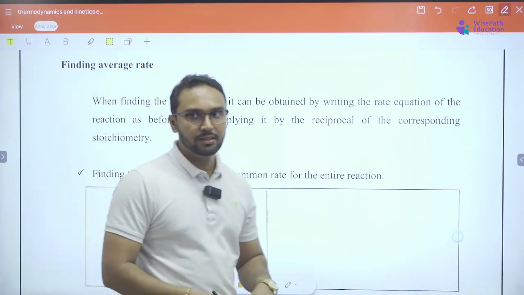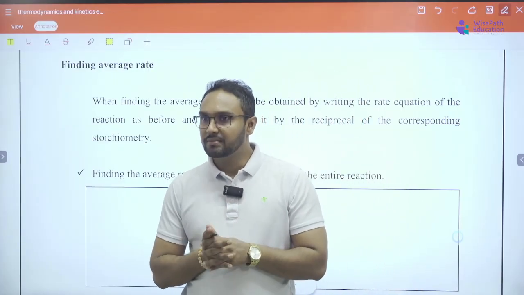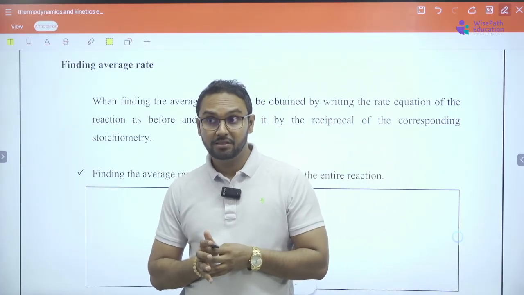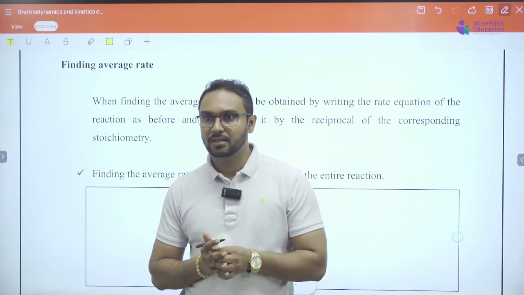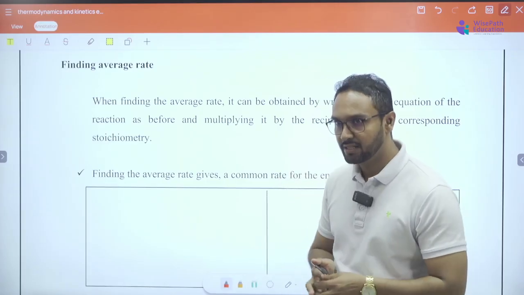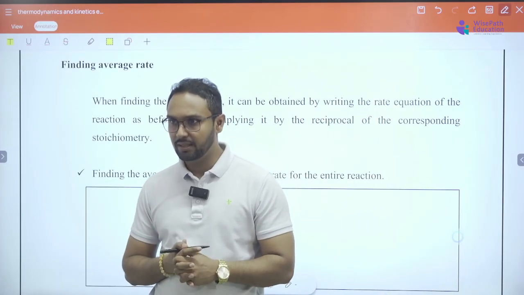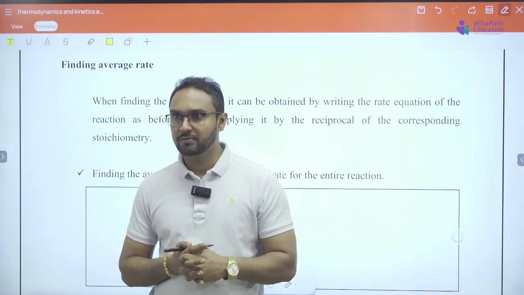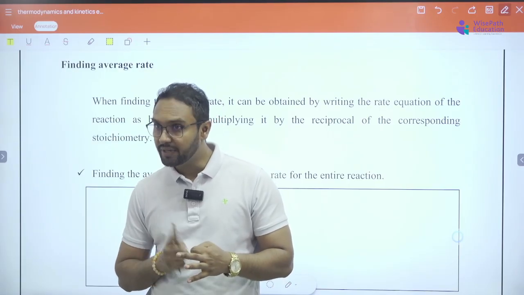So that is the rate of formation and rate of consumption. We did the calculations. Now this is one of the very important parts, the average rate of reaction. The average rate of reaction is the common rate of reaction for the whole formula, the common rate for all the reactants and all the products formed.